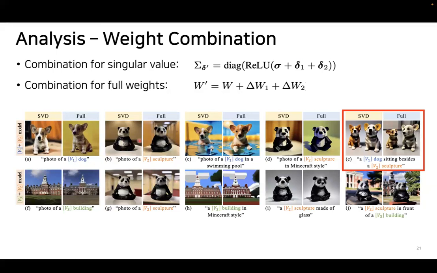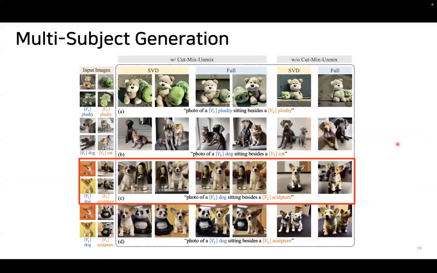Their concepts are combined properly, but sometimes not. The dog and sculpture are mixed. So this shows the difficulty in multiple concept generation. This is the reason they propose Cut-Mix and Unmix augmentation.